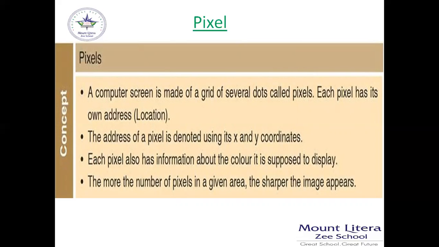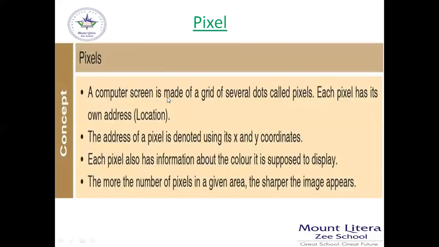For example, an image that is 2048 pixels wide and 1536 pixels high has a resolution of 2048 multiplied by 1536. So here 2048 pixels is the width and 1536 pixels is the height.